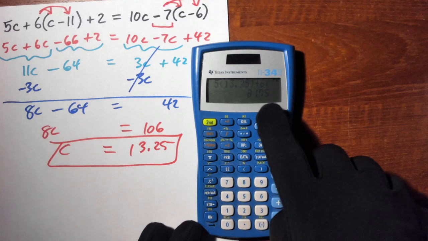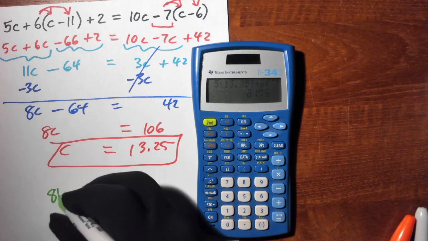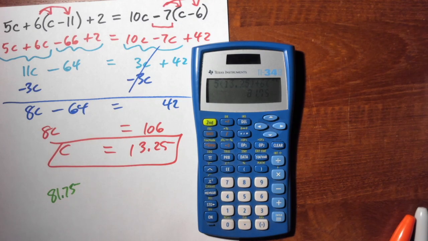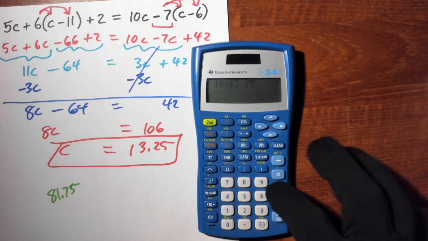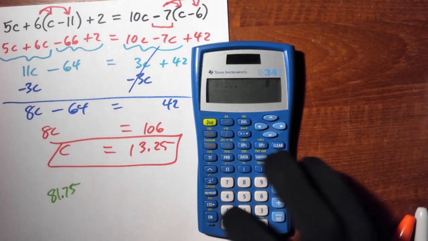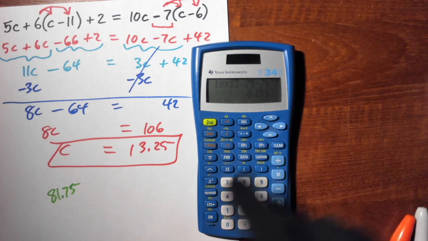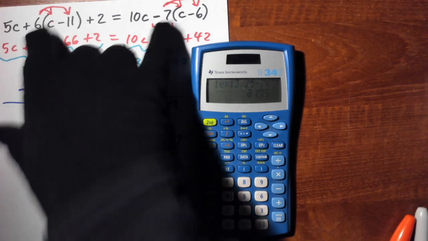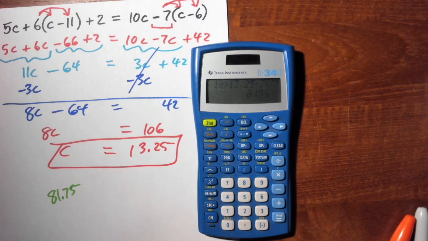All of that equals 81.75. Remember that number or write it down. On the other side of my equation, I've got 10 times 13.25 minus 7 times 13.25 minus 6, 81.75. Two sides of my equation match, and I can be confident my answer is correct.